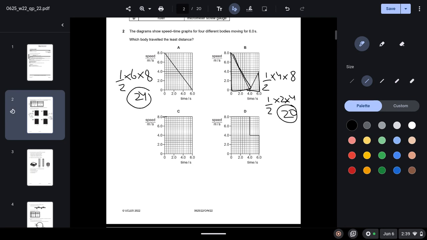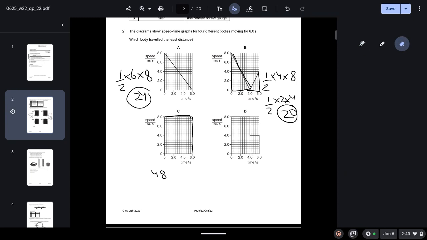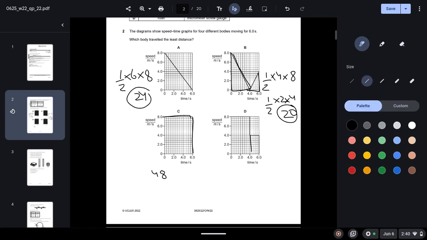C, this is a complete rectangle, so 6 times 8, this gives us 48. And part D, we can divide this into 2 rectangles like this. So this rectangle will give us 4 times 8, 32, plus 2 times 4, 8, 40. So the least distance is covered by this option B.